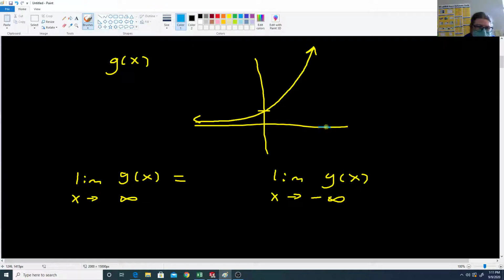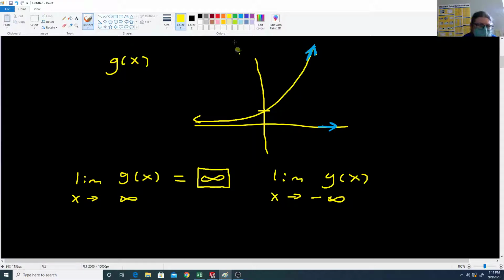As x's get larger and larger, the y values are peeling upwards in the exponential function. They're growing larger and larger. So this tells us that our y values in this case are going to infinity. The bigger the x value you get, the y values just increase without bound, so they head up to infinity.